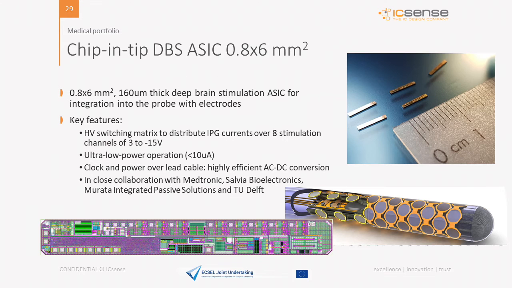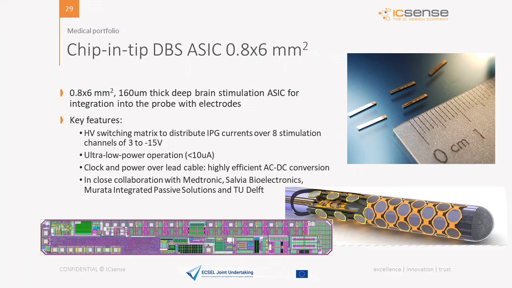Another example is the chip in tip, also related to brain stimulation. The nice thing in this example is the form factor. As you can see here, it's a 0.8 by 6 square millimeter chip. It's really at the boundary of the physical dimensions of what is possible related to pressure and so on.